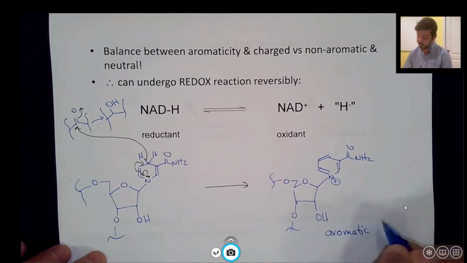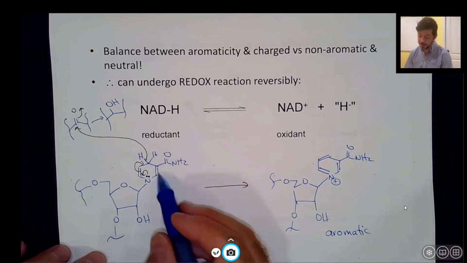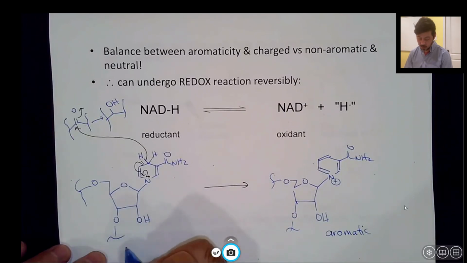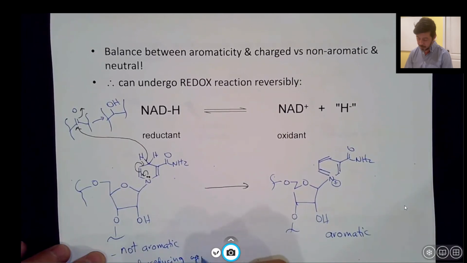So the driving force to get a reducing agent from a heterocycle that's attached to a sugar like this is that you're going from a compound that's not aromatic, but is a good reducing agent, to something that's aromatic.